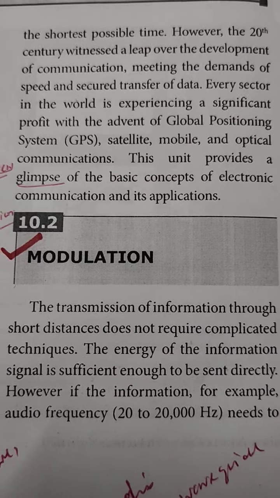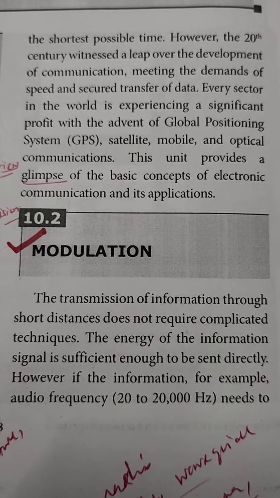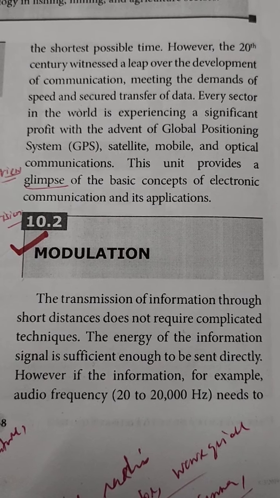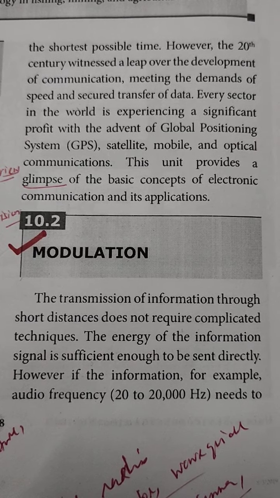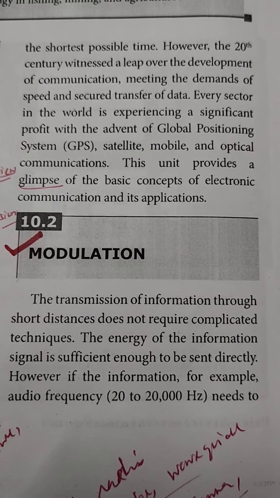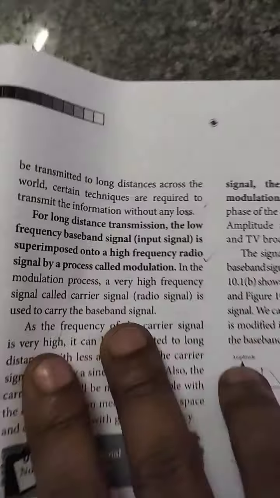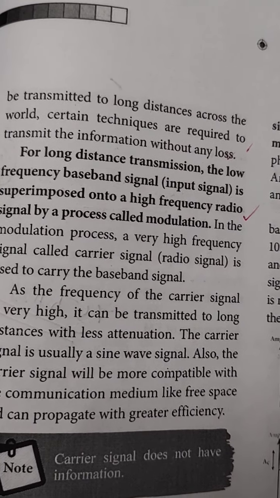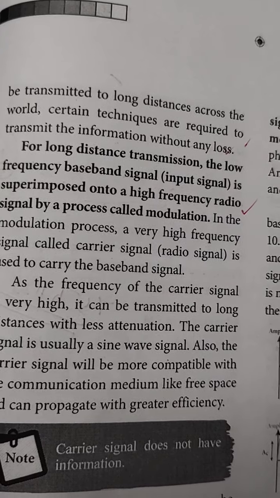However, information, for example audio frequency, which we hear from 20 Hz to 20,000 Hz, needs to be transmitted over a long distance across the world. So, certain techniques are required to transmit the information without any losses.